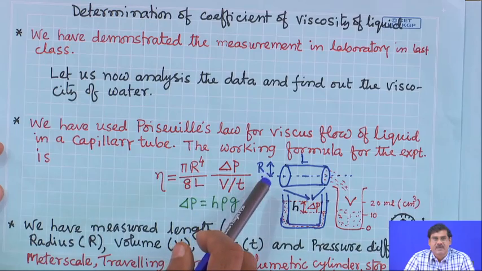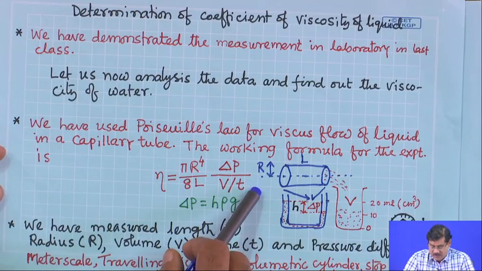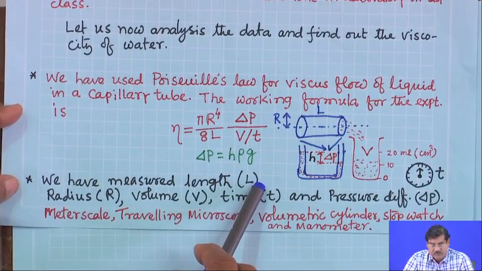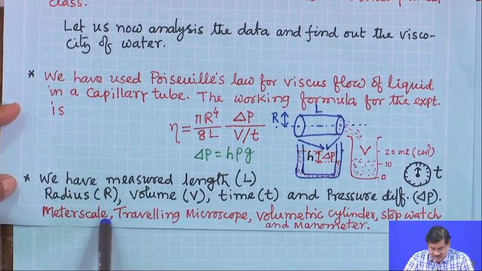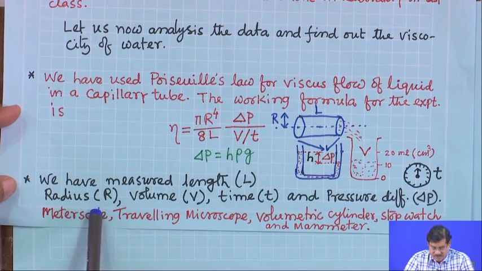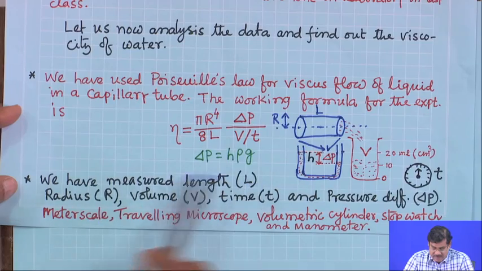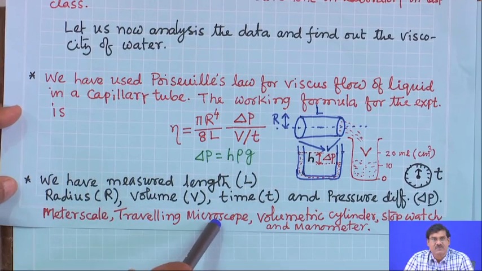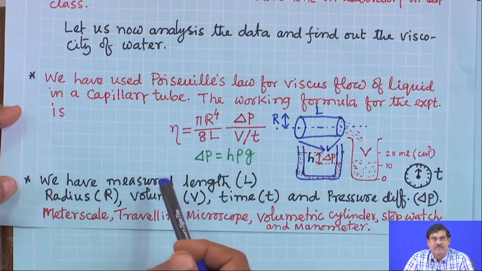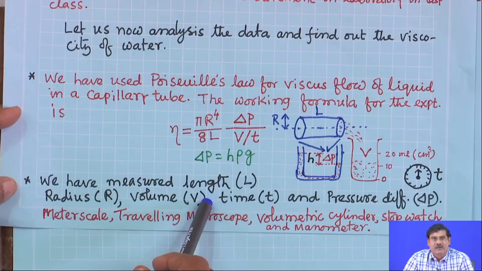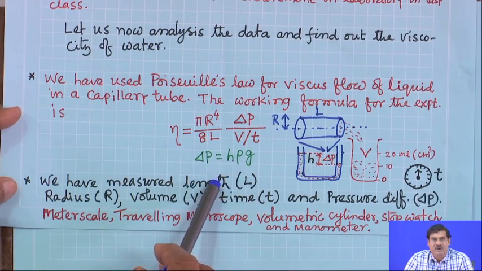Okay. So, in the experiment in laboratory we have seen that we measured length using a meter scale, which I have not shown, but I just mentioned, and the radius we have measured using a travelling microscope. As we measured in the case of surface tension, the same way one has to measure, because there also we used a capillary tube.